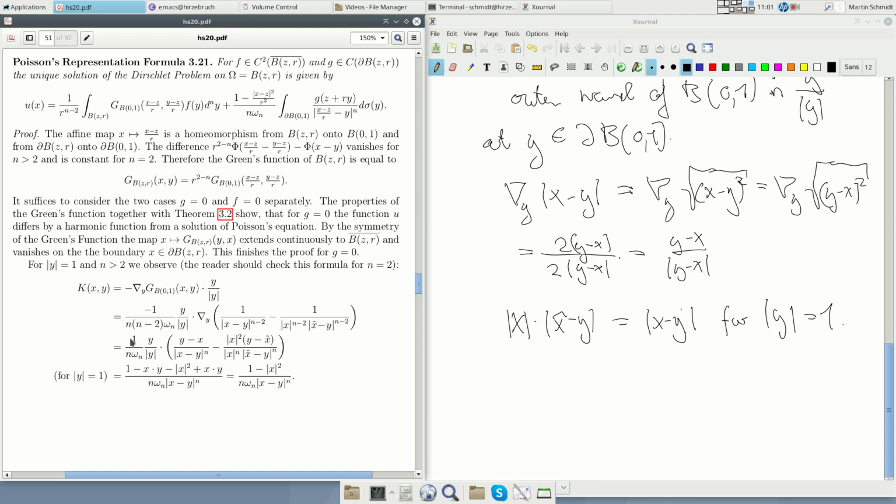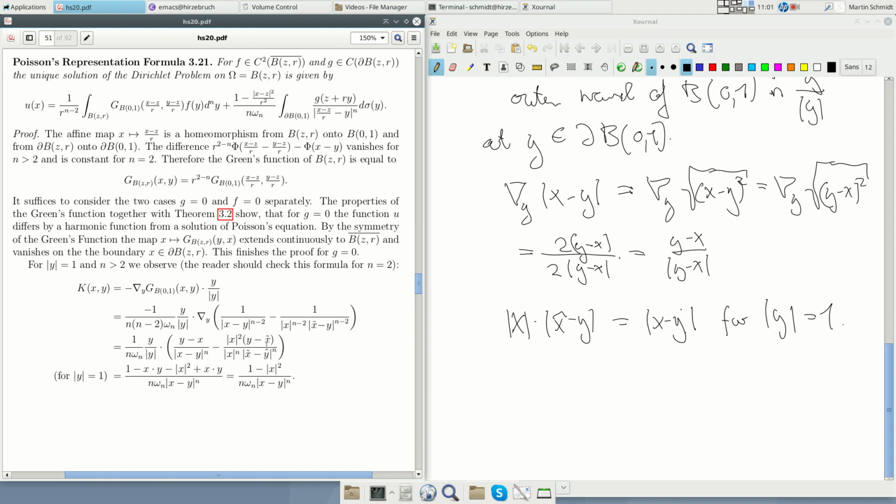And then what we get here is y squared, which is of course 1 by this assumption. Then we get minus x times y, or y times x. And then the last terms are these two terms here. Here y times y is of course 1 again, so we get minus the absolute value of x squared.